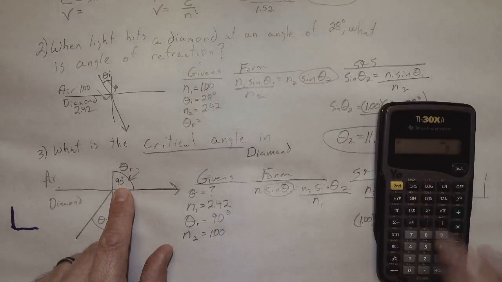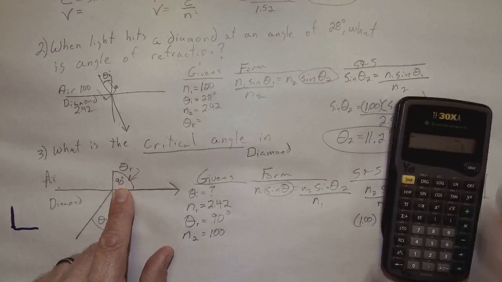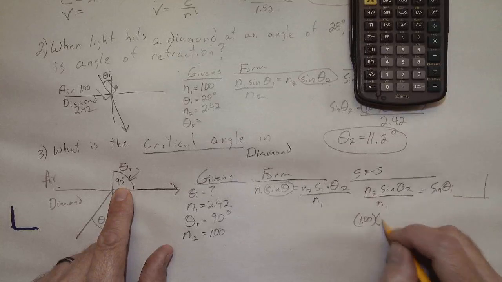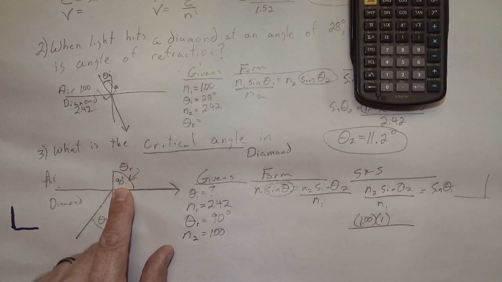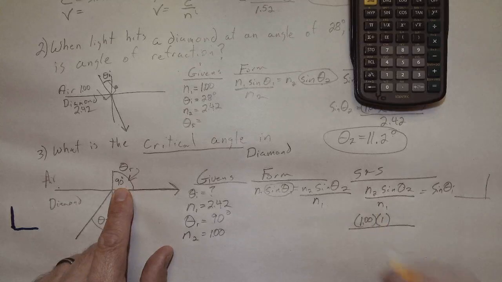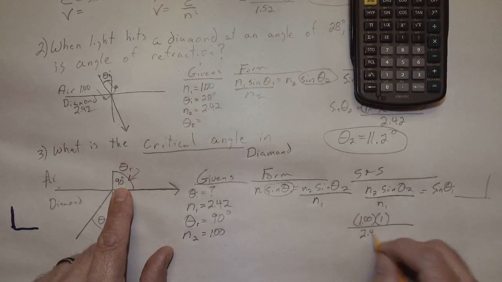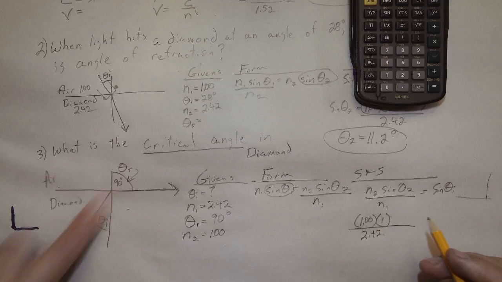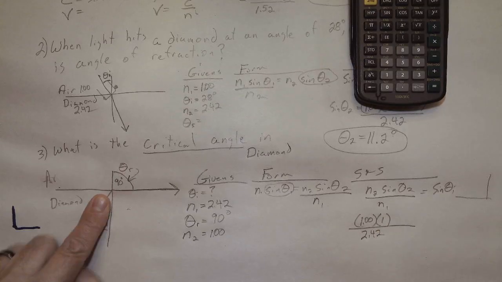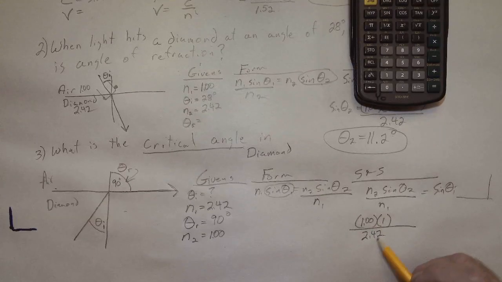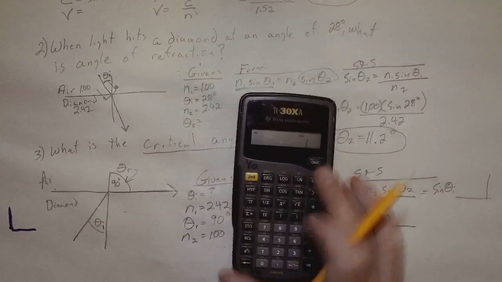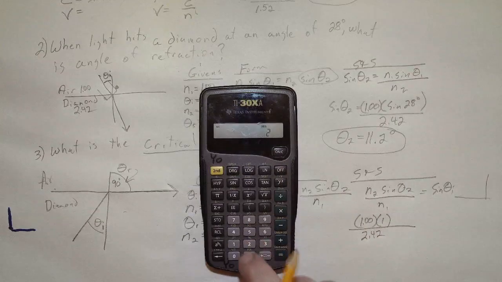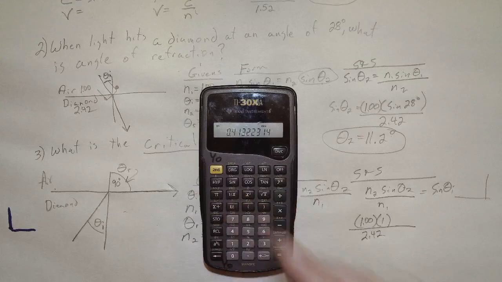Do you remember that? Sine of 90 degrees is 1. So 1 times 1 over n1. N1 is 2.42. That is the refractive index of the incident media, in this case the diamond. So we basically are taking the reciprocal of 2.42. So you can really just enter 2.42, hit the 1 over x key.